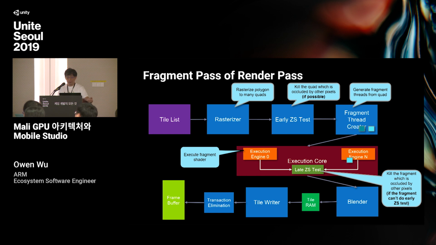Finally, the surviving fragments will do the blending, then write to the tile memory. After all primitives in the tile list have been finished, the tile writer will write the tile result back to external memory. Memory has a transaction eliminator which can compress the tile result written back to external memory to save bandwidth.